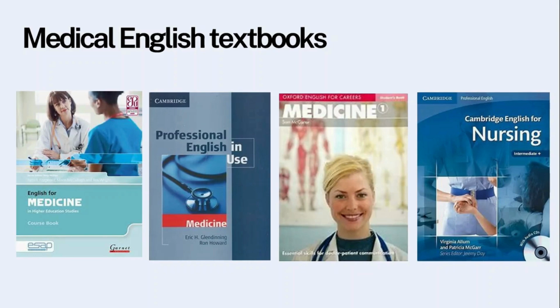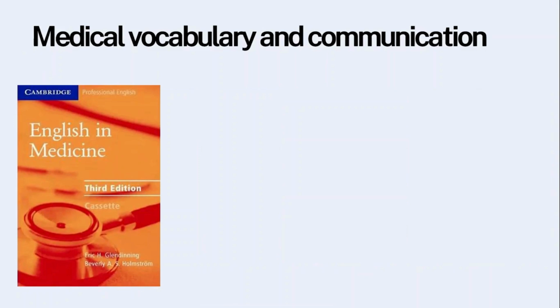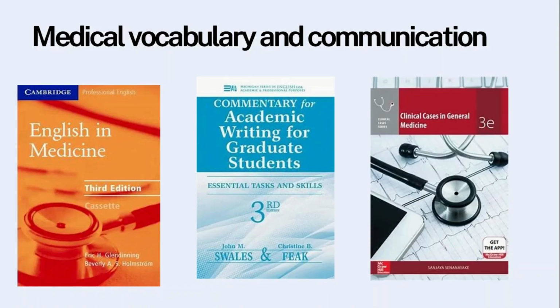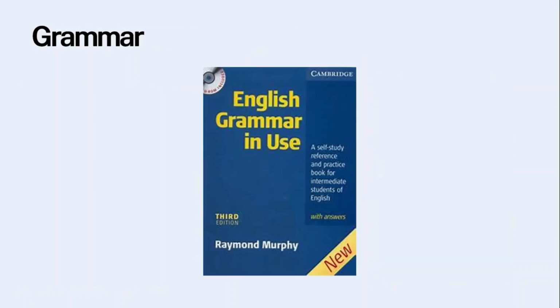Examples of key textbooks are English for Medicine, Professional English in Use, Oxford English for Careers: Medicine, and Cambridge English for Nursing. These are more vocabulary and communication oriented. And these textbooks are essential for developing both language proficiency and professional skills. On a language level, English Grammar in Use covers all the basic grammatical structures needed by doctors.